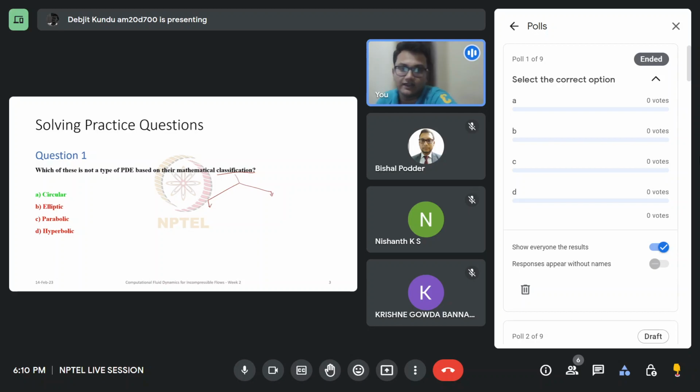What are they? Can anyone tell? You can unmute and answer, or you can type in the chat box as well. However you feel comfortable, it's up to you. So there are two ways of classification. What are they? Can anyone answer? Okay.